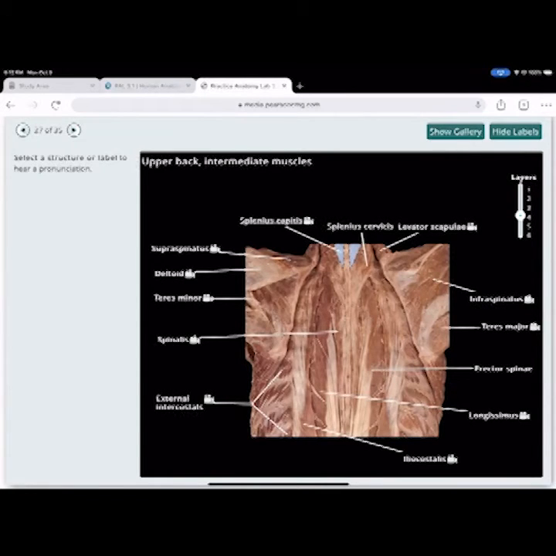The supraspinatus, again, above the clavicles, deltoid muscle, teres minor, the spinalis muscle, and the external intercostals. And you have the iliocostalis muscle, your longissimus muscle, erector spinae, teres major, infraspinatus, levator scapulae of the neck, and the splenius cervicis of the neck.